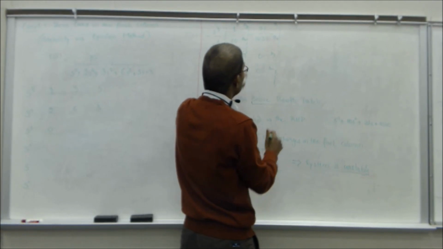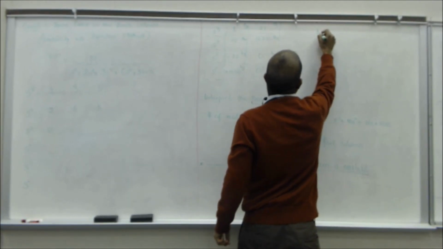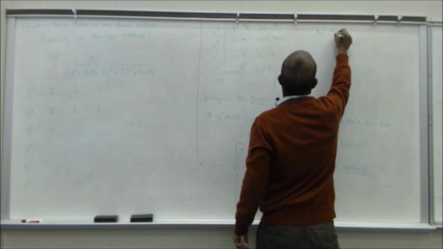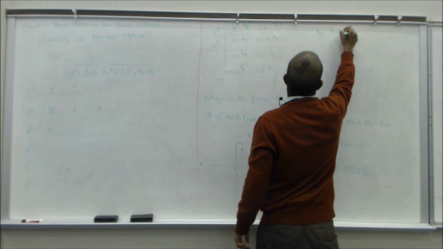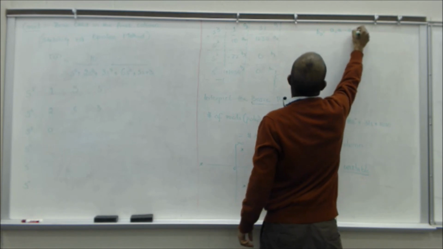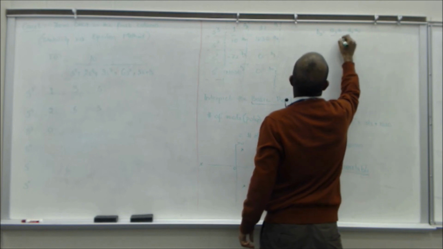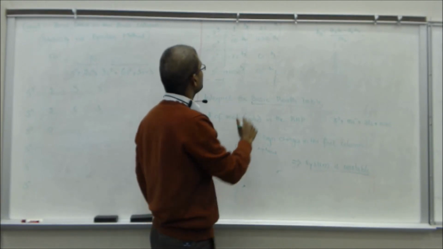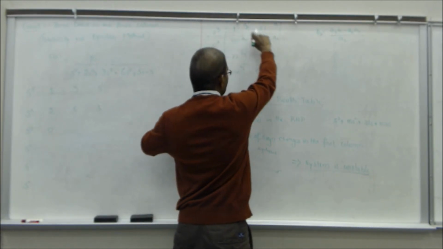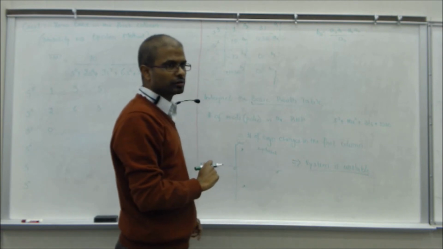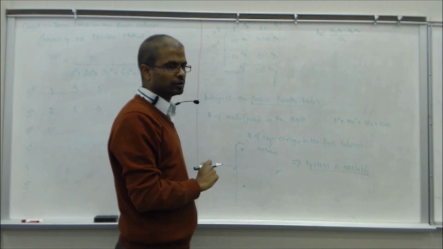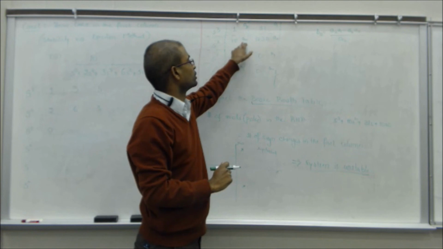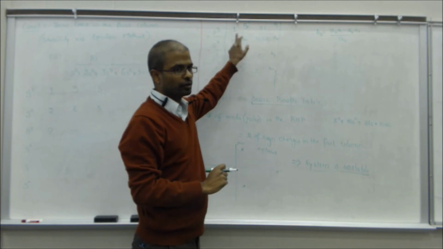B3 would be A2 times A1 minus A3 times A0 over A2. So it is this minus this over this. Initially I told you it is this minus this over this, but it is actually this minus this over this.